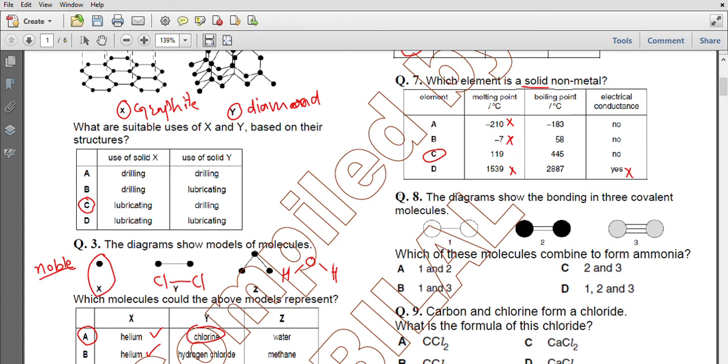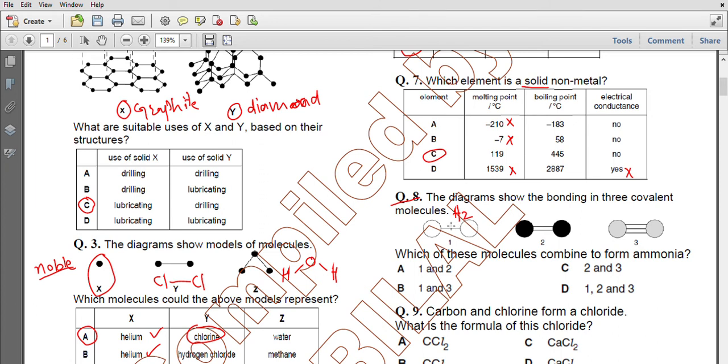Question number 8. The diagram shows the bonding in 3 covalent molecules. This one again depends on how we solved question number 3, so you have to recall that. In this, we have 2 similar atoms making a single covalent bond, so it could be hydrogen, as hydrogen is diatomic and each hydrogen atom forms only 1 single bond.